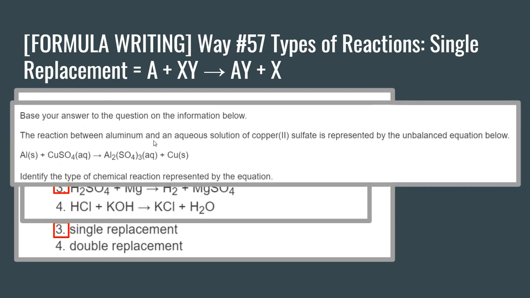The reaction between aluminum and an aqueous solution of copper 2 sulfate is represented by the unbalanced equation below. Aluminum solid plus copper sulfate aqueous yields aluminum sulfate aqueous plus copper solid. Identify the type of chemical reaction represented by the equation.